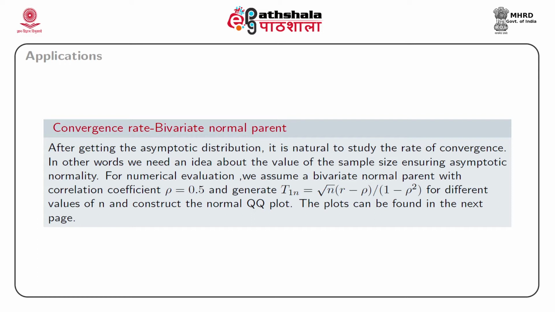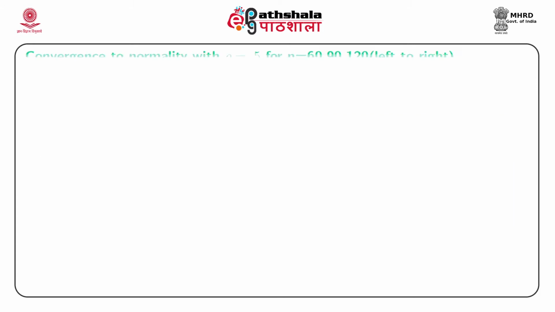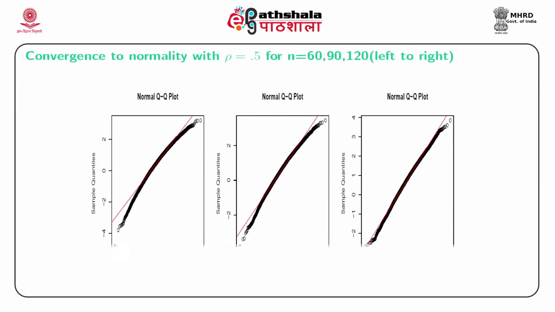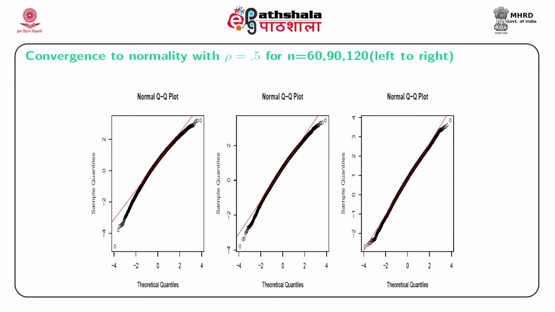For numerical evaluation, we assume a bivariate normal parent with correlation coefficient rho equal to 0.5 and generate the standardized variable square root of n multiplied by r minus rho divided by 1 minus rho square for different values of n, and construct the normal QQ plot. These plots can be found in the next page. So for rho equal to 0.5, we have considered 3 values of n, namely 60, 90 and 120, and for each value we have provided the normal QQ plot, and this can be found in this page.